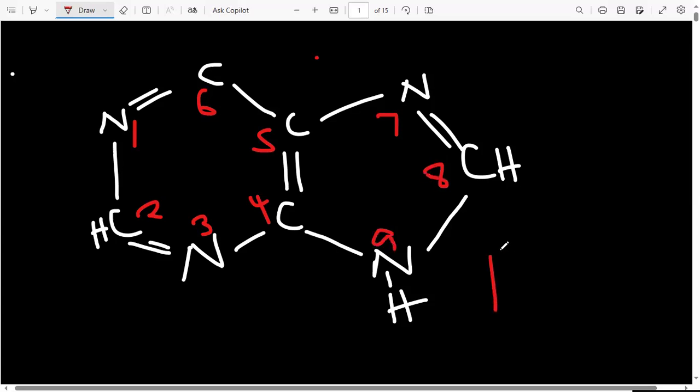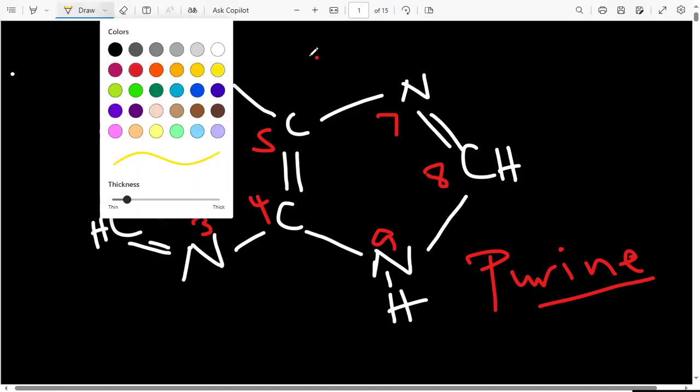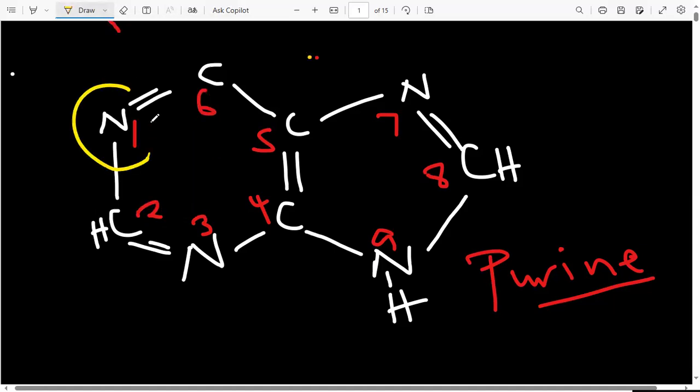The important characteristics that you must identify on this general structure of a purine is where the nitrogens are.